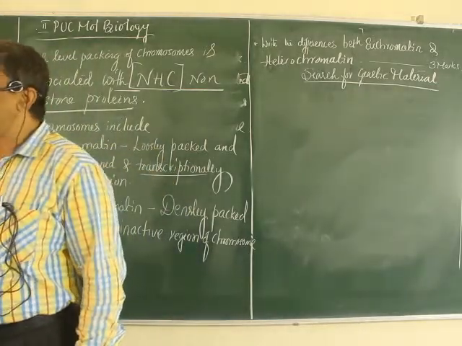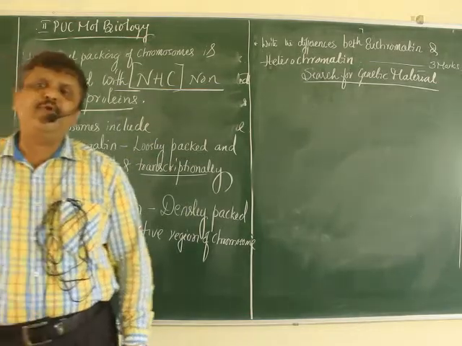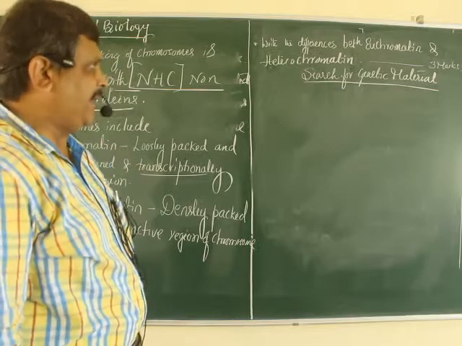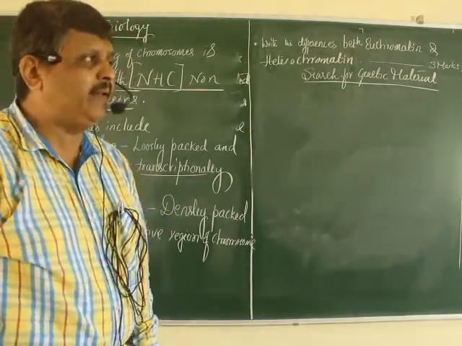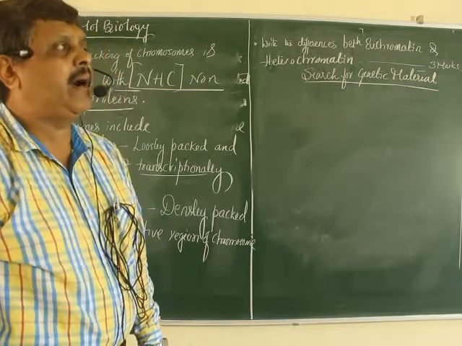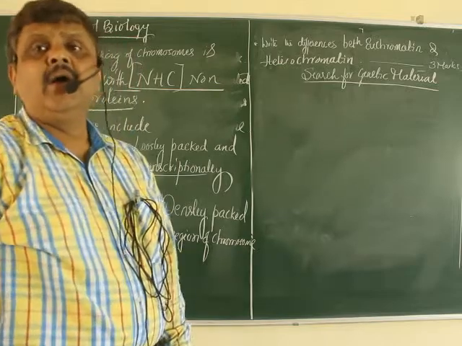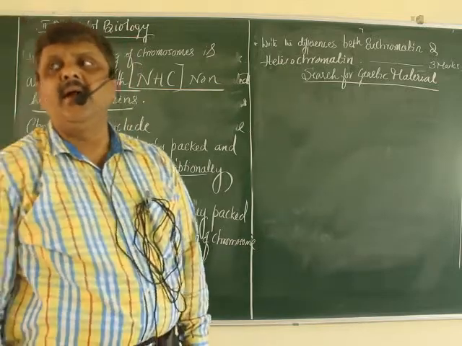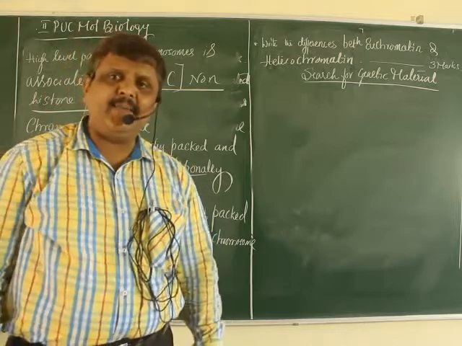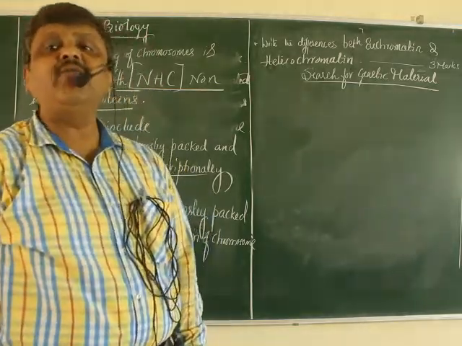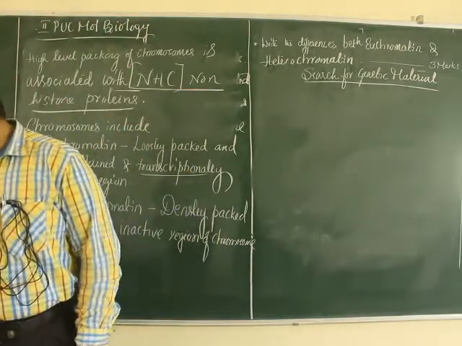Some people told proteins are the genetic material. Some used to tell carbohydrates are the genetic material. But some scientists used to tell RNA is the genetic material. Some used to tell DNA is the genetic material. But there was a lot of confusion. Nobody was able to conclude which was the genetic material.